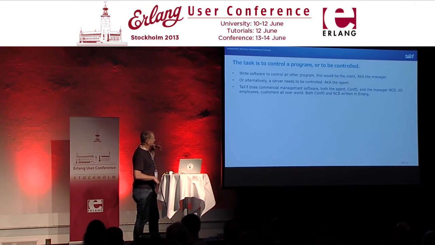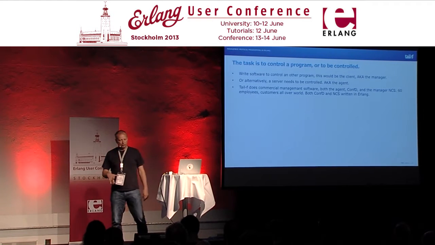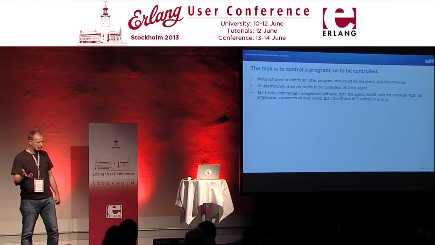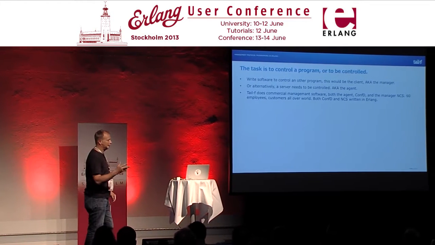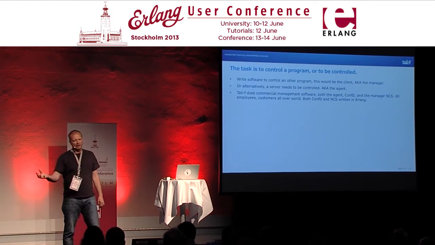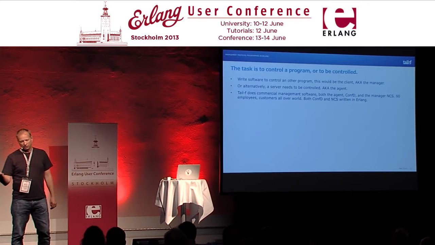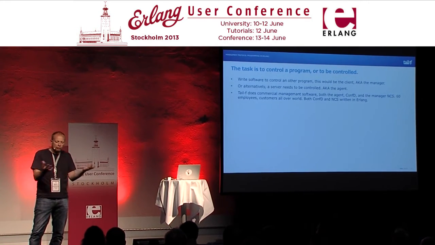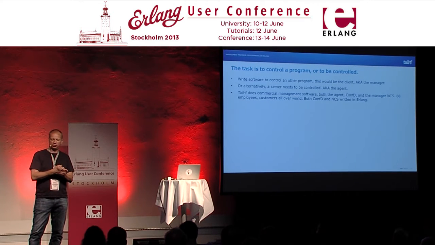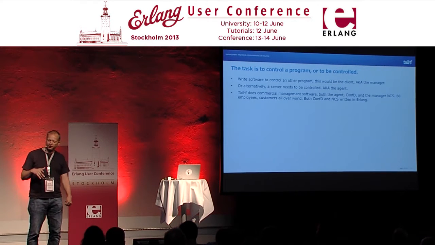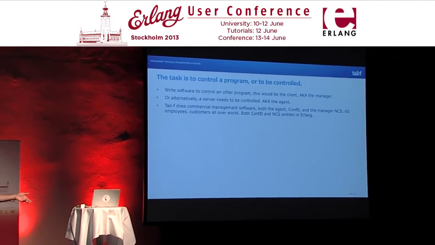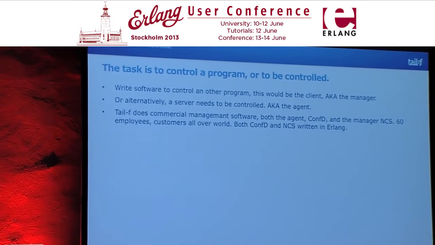So let's start with what's the story, what's the task. A lot of you are writing software that needs to sit somewhere in some actual commercial environment. If it's real software that's supposed to be used by others than engineers, then the software needs to be managed.